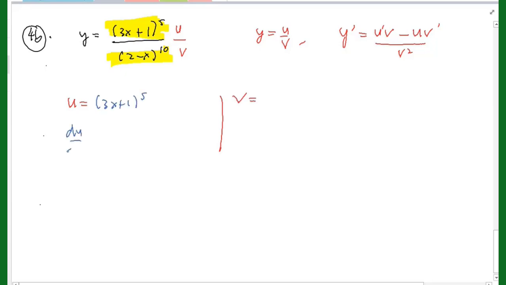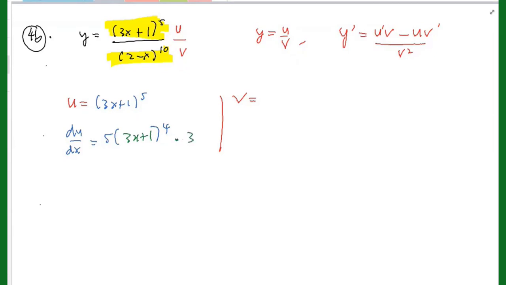Then you differentiate directly. This one comes out, power 4, and inside here you copy, then differentiate inside: 3x plus 1 gives 3.